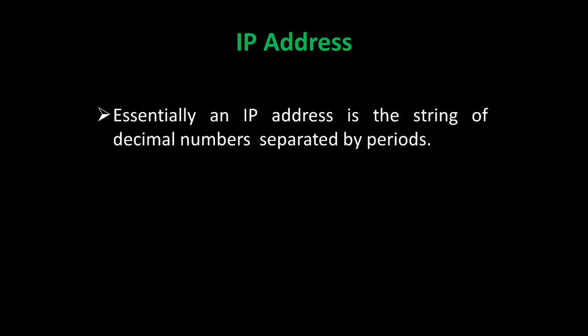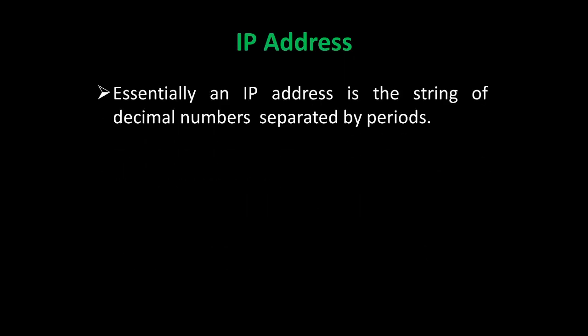Now, talking of an IP address, essentially this address is a string of decimal numbers separated by periods. By periods we mean a full stop, for better understanding. So let's look at an example.